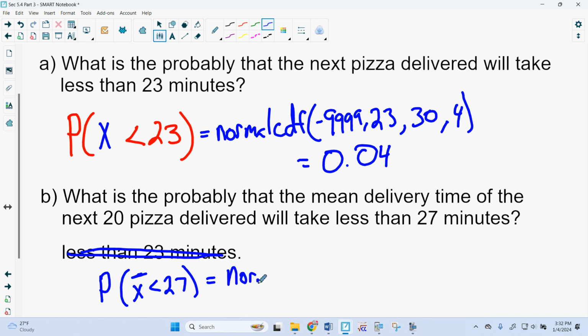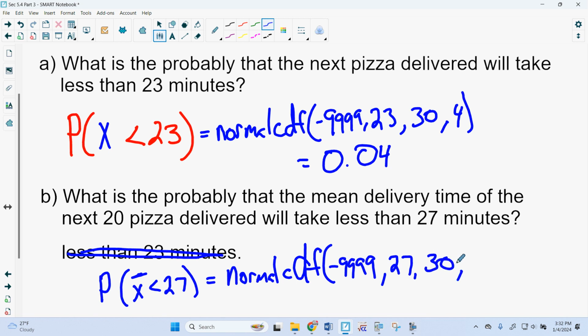So now that requires us to do something different. That would be negative 999, 27, 30, and now we have 4 divided by the square root of 20.